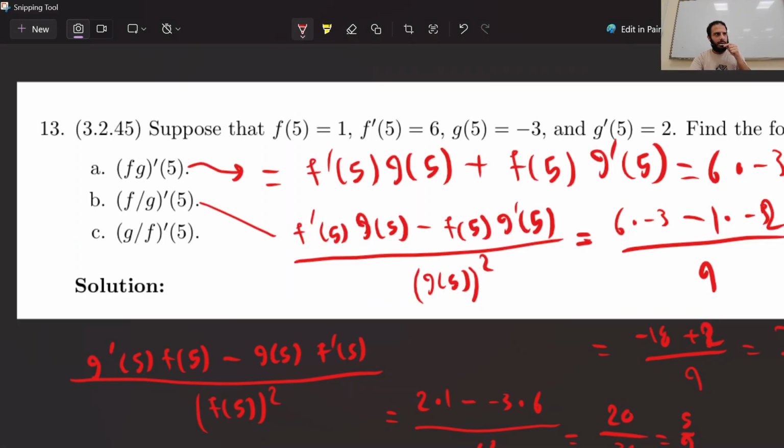For part C, it's f of 5. F of 5 is 1. Again, g prime of 5 is 2, right?